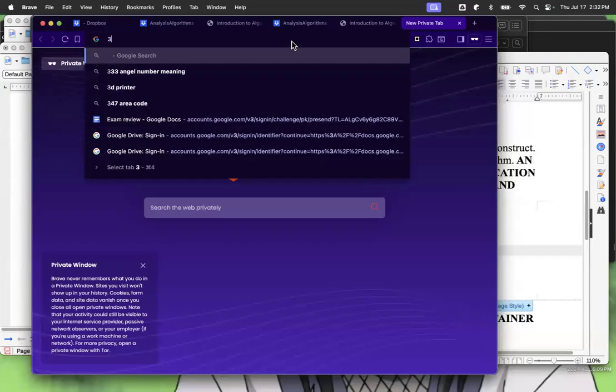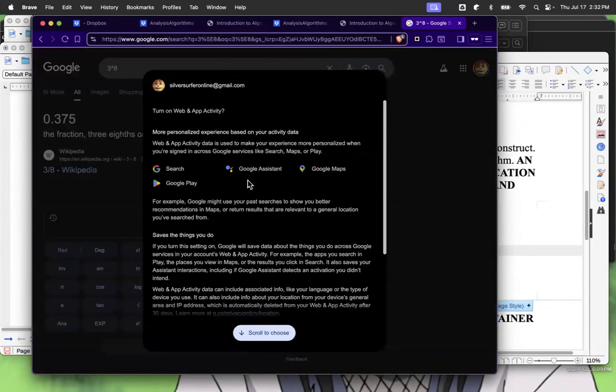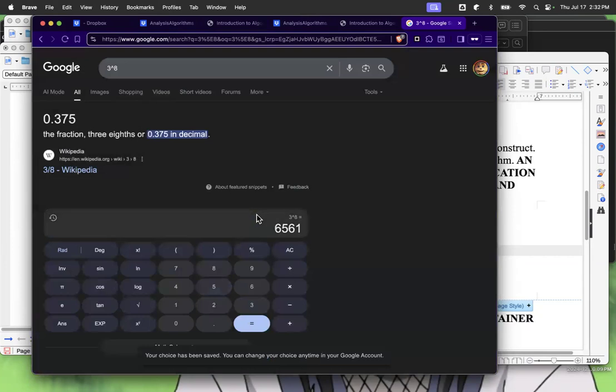Would we be able to use a calculator during the exam? No, that's why I'm going to give you a very, very small one. I see. So 3 to the 8th would give me this, right?